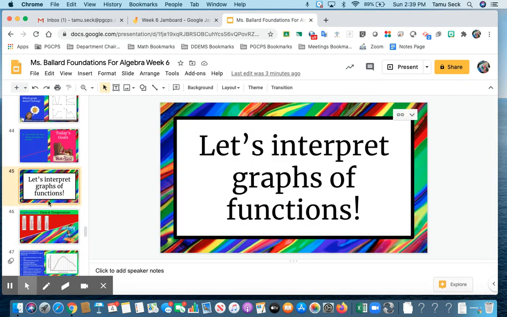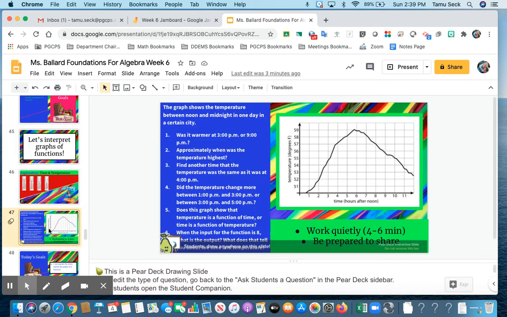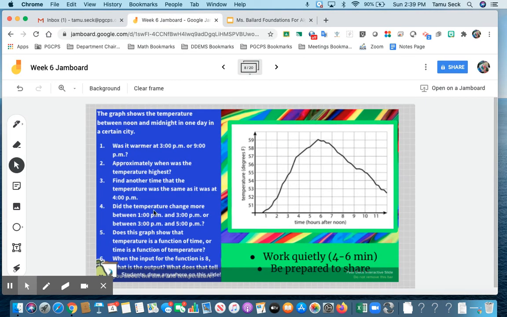Okay, let's interpret graphs of functions. Exploring time and temperature. The graph shows the temperature between noon and midnight in one day in a certain city.